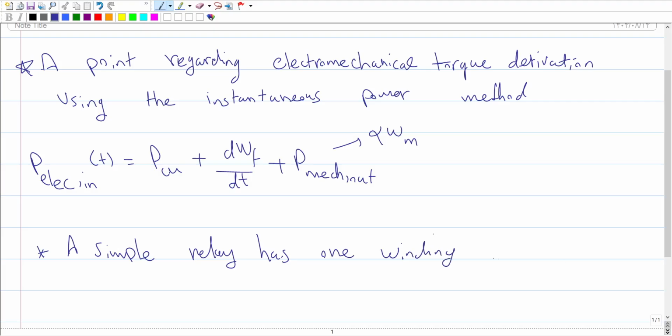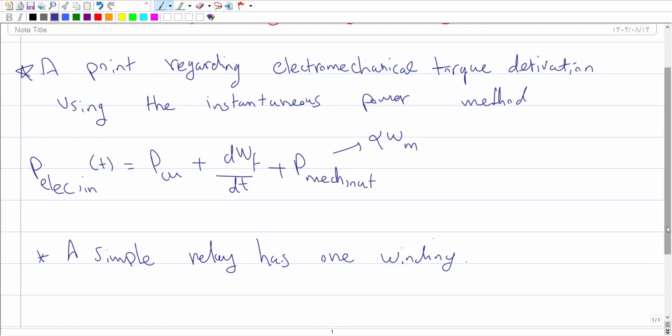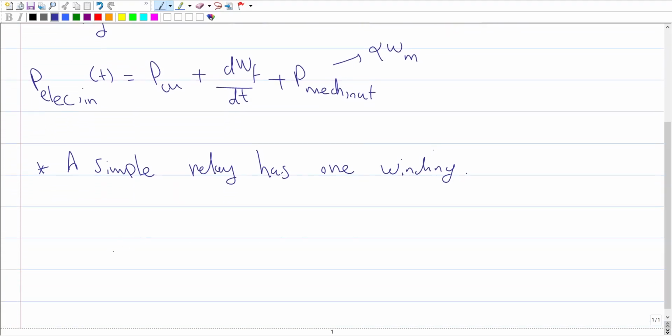You can assume that this is the structure. There is a fixed member, and here there is a joint, and this is the moving member, and here there is a single winding.